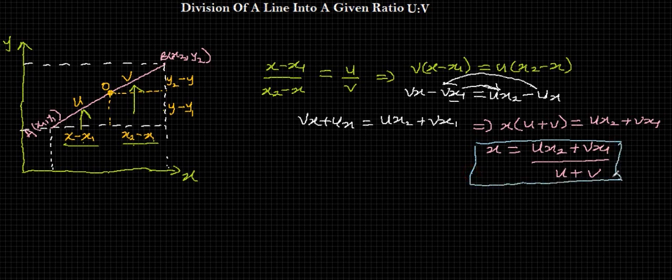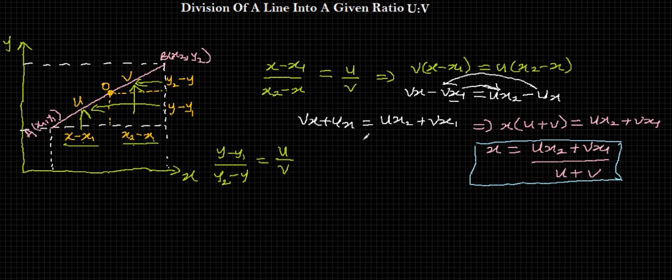So now let's also do it with respect to y. We have found it in respect to x. What of y? With respect to y now, similarly, we are going to have y minus y1 divided by y2 minus y equal to, of course, u divided by v, because this goes to u, and this goes to v.